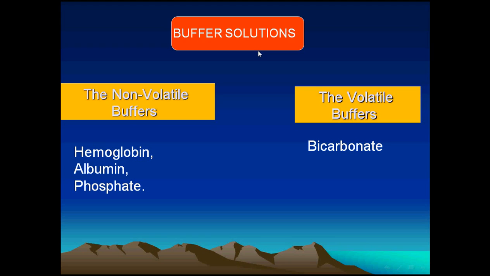So this buffer solution may be volatile like the bicarbonate, because bicarbonate is an inorganic material which dissociates and so can neutralize any acid added to it and is converted to carbon dioxide, which is eliminated by the lung. The non-volatile buffers are fixed, constant, and stable, like hemoglobin or albumin or phosphate, which combine with the hydrogen ion and do not allow it to be free to make a change in the pH.